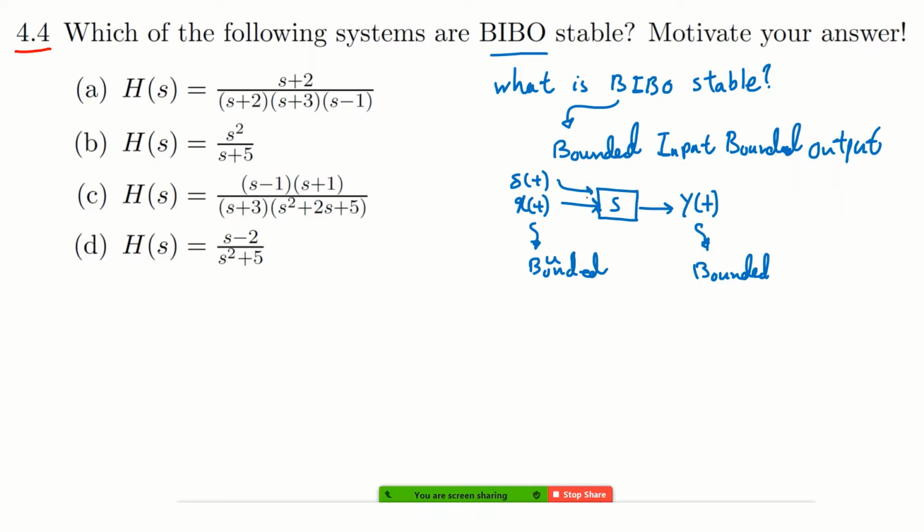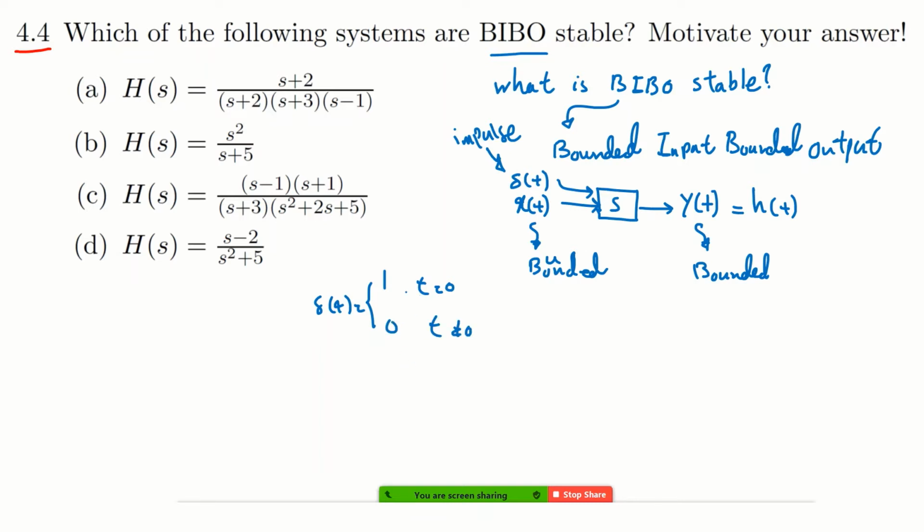You can give this to the system, and when the input is delta t, then output becomes h of t, the impulse response. So this is the impulse, which is bounded because impulse is 1 if t is 0 and is 0 if t is not 0.